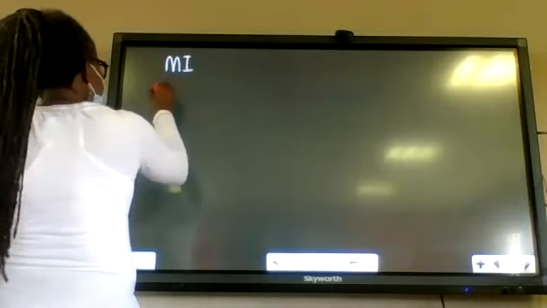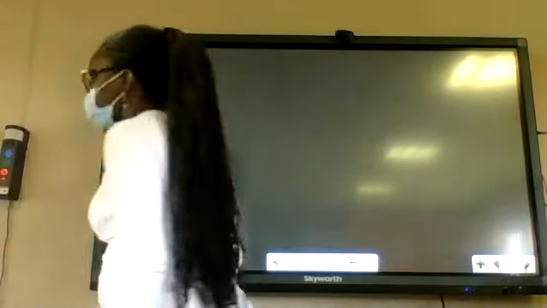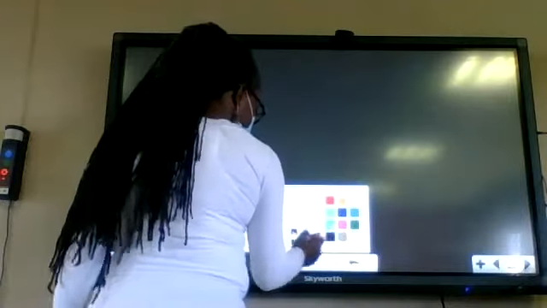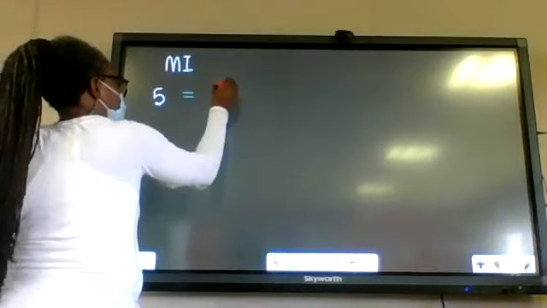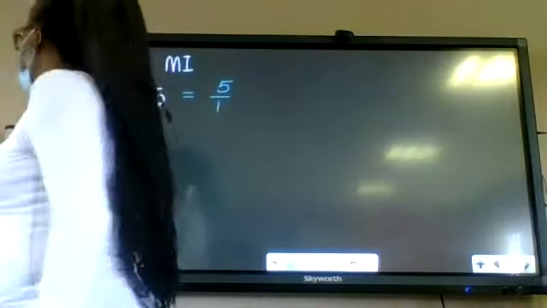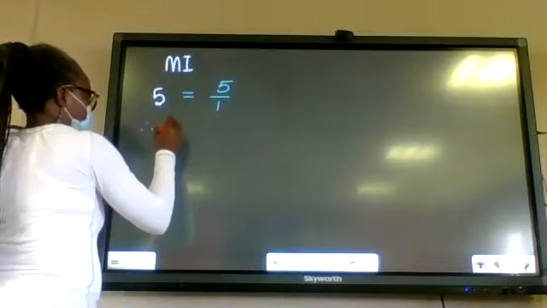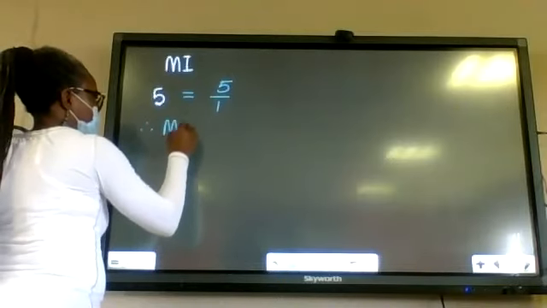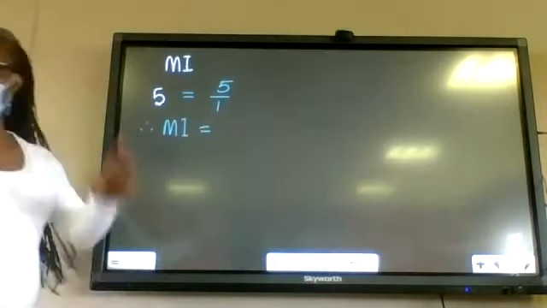So when I ask you for the multiplicative inverse of 5, the first thing I need you to do is to write 5 as a fraction. It's a whole number, so it must be over 1. And then what is the multiplicative inverse of 5 over 1? You turn it upside down.